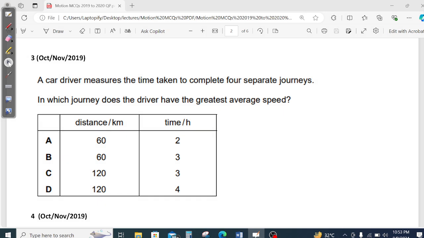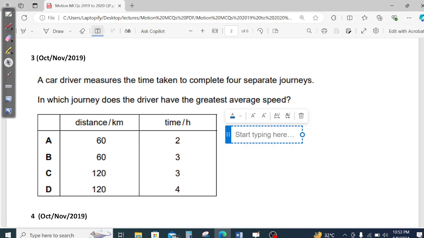What is the formula? Remember, the formula of speed is distance traveled divided per unit time. So here, 60 km divided by 2 hours, you will get 30. It means your body covered 30 km in 1 hour.